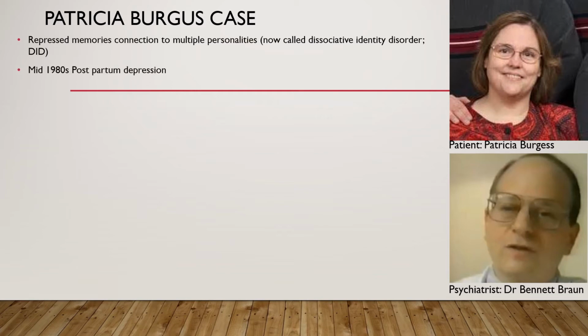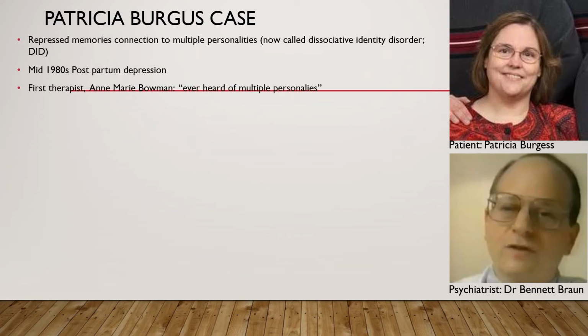So Patricia Burgess in the mid-1980s developed postpartum depression. Now, one of the reasons why she developed so much depression is one of her babies was born paralyzed because of the trauma. The physical trauma of birth led to one arm of the baby boy being paralyzed, and she felt tremendous guilt over this and suffered from depression.